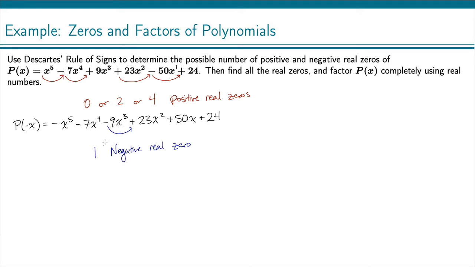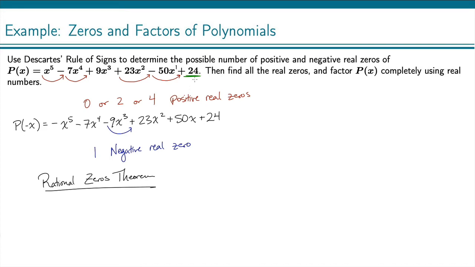Now that we know our possibilities, we can start to try out some numbers, and we're going to use the Rational Zeros Theorem to pick some numbers to try. We take the factors of the constant term.